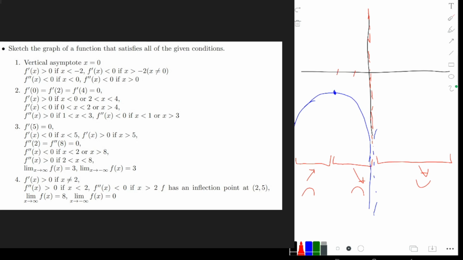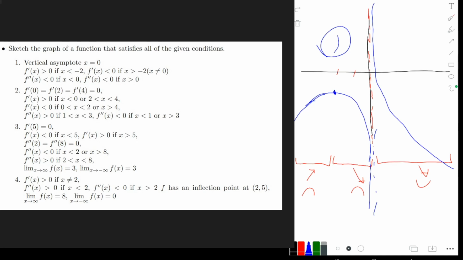So it would have to just go down towards -infinity. But maybe not so abruptly. Something like that. All right, and then it's decreasing on this side of 0, but it's concave up, so maybe something like that. Okay, and this would be a perfectly acceptable answer to number 1.